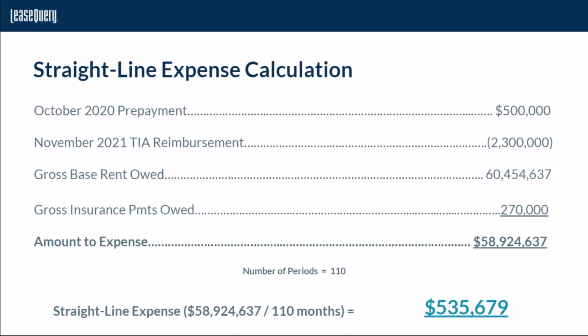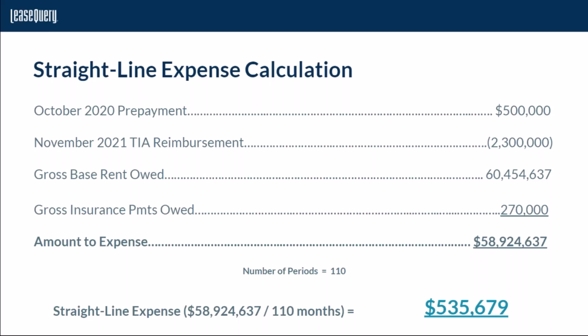Gross base rent owed, that's obvious, right? That is taking the rental payments that we made, also increasing those payments by that specific percentage every single year. So the total amount of rent we're going to be paying over the term of the agreement is going to be that $60,634,637. We are also including those gross insurance payments, remember, because we're going to include those as a lease component here.